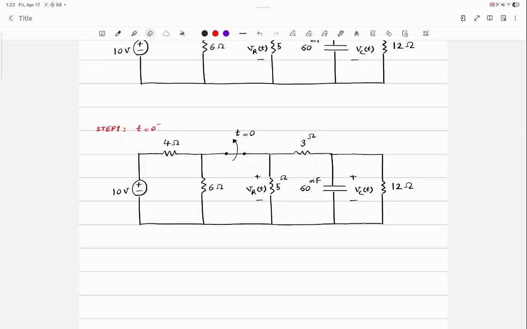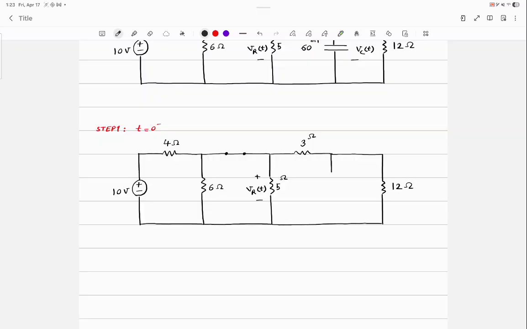Okay, first tell me what to get rid of, what to simplify, what to change in the circuit at t equals 0 negative. The first thing is that I'm going to remove the sign for switch because the switch should be connected. What else? Yes. Set the capacitor to a voltage. Yes. Why? Because it has been connected the entire time.